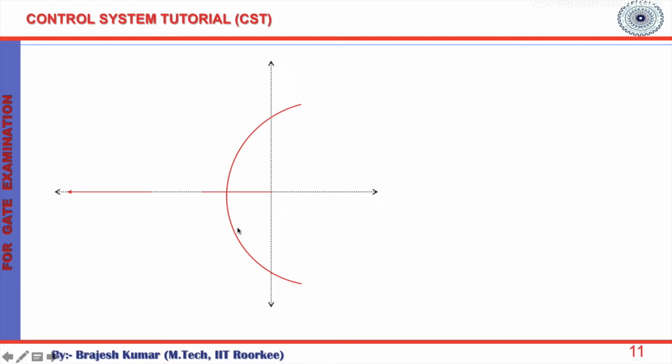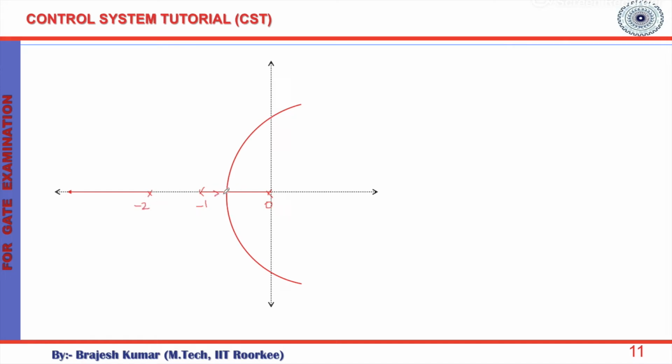Here we are having a pole at origin, then we will have a second pole at -1, third pole at -2.